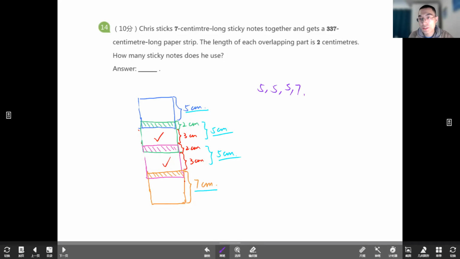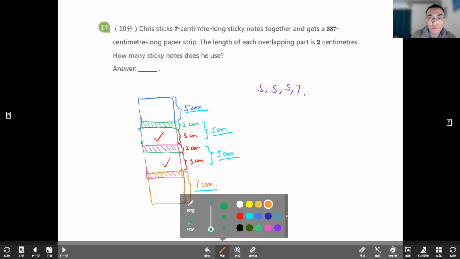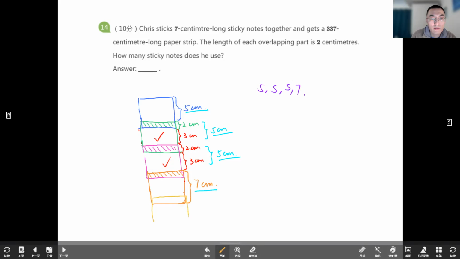And if I add one more sticky note, if we have 5 sticky notes, I need to draw another sticky note over here. So this 7 becomes a 5.